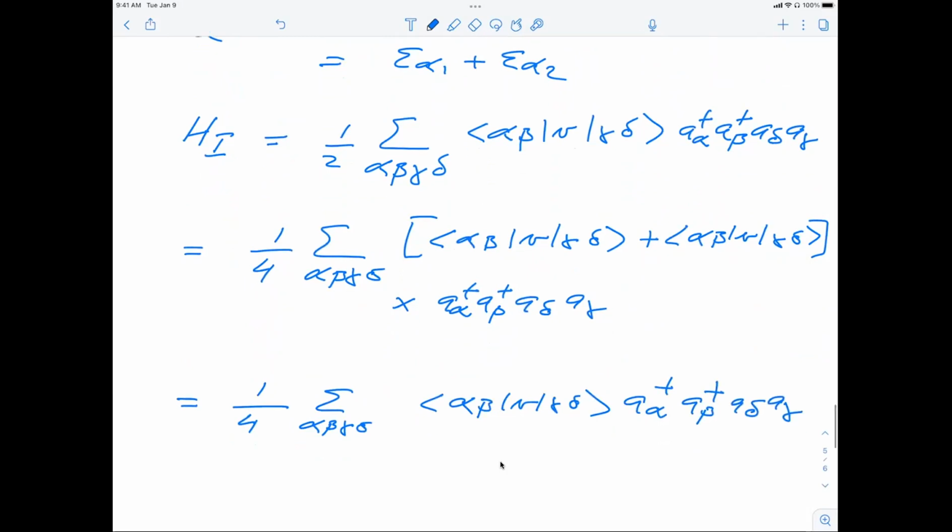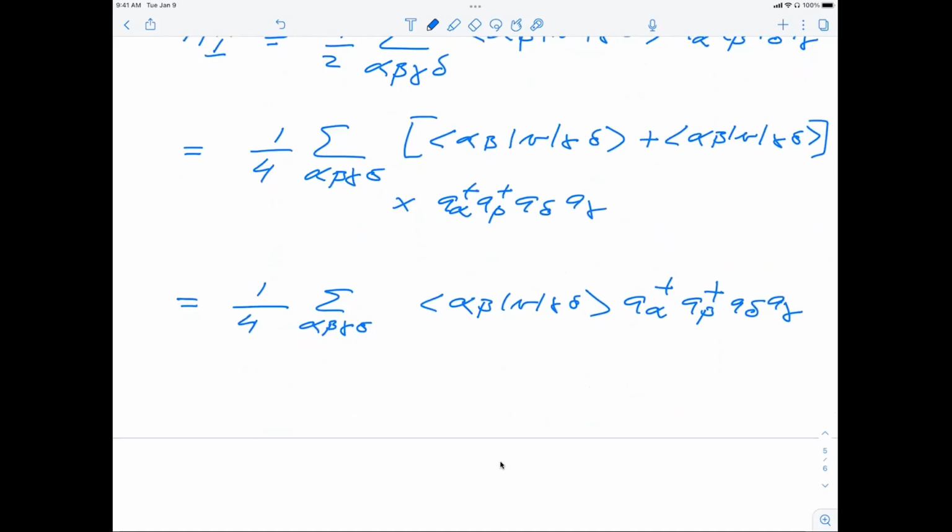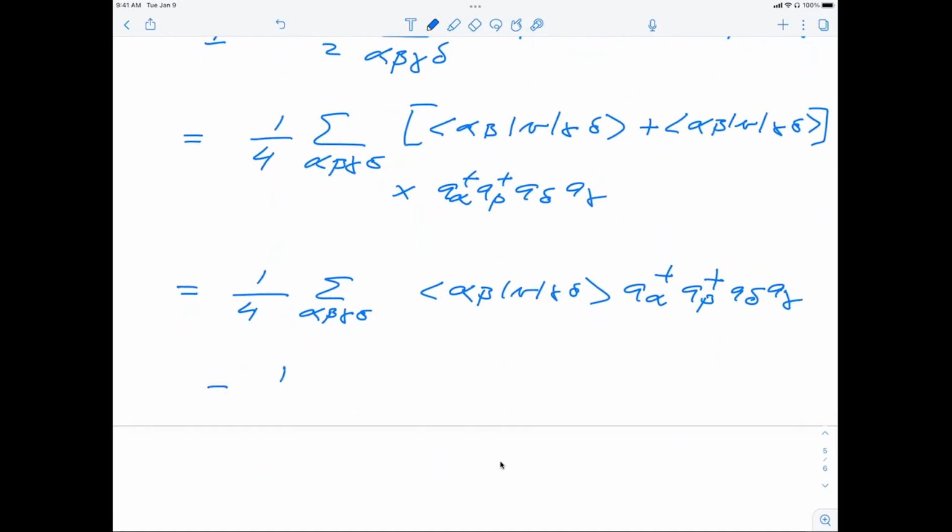But then what I could do now is just to use the anti-commutation rules and rewrite that one as minus 1 over 4, sum over alpha, beta, gamma, delta, and then I have <alpha beta|v|gamma delta>, and now I just interchanged the last two annihilation operators. So this is a gamma, a delta, and a alpha, a beta. Okay, a delta here.